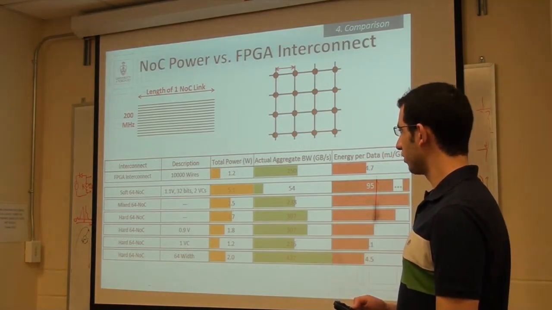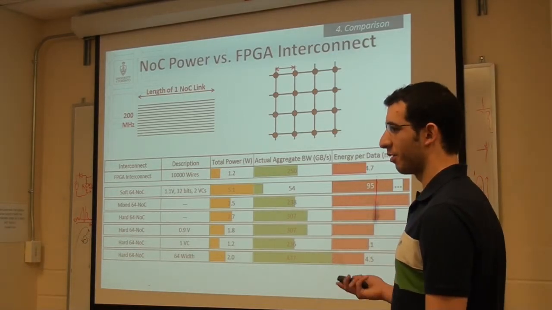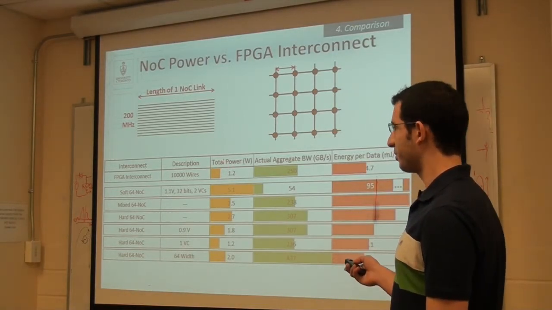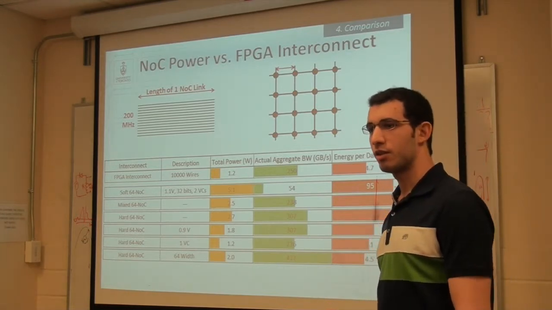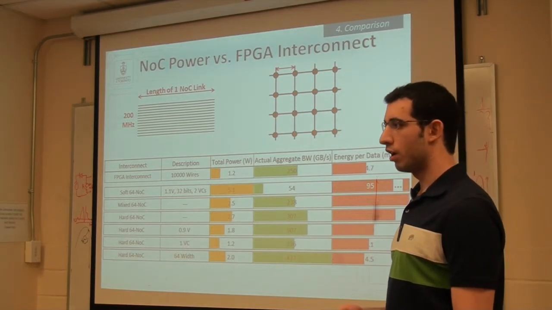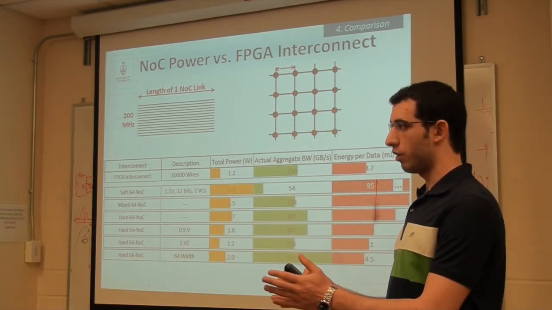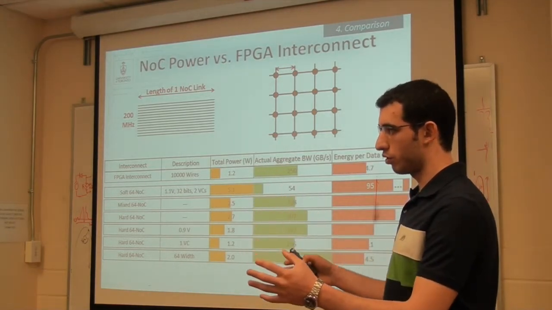And voltage, I guess. Yes, exactly. So that's the result after taking all that into account. Well, maybe the wires run at 200 megahertz. Maybe one thing to point out is that 64 wires is the width of one NOC link, but there's more than one NOC link in that network. Yes, okay. So 64 wires go in each direction between each of the routers. Remember, it's a mesh topology.